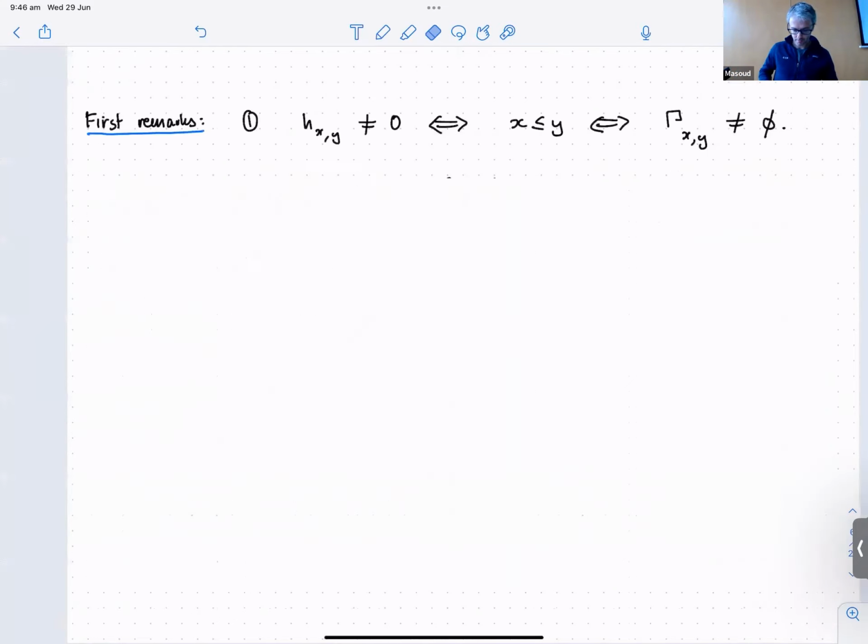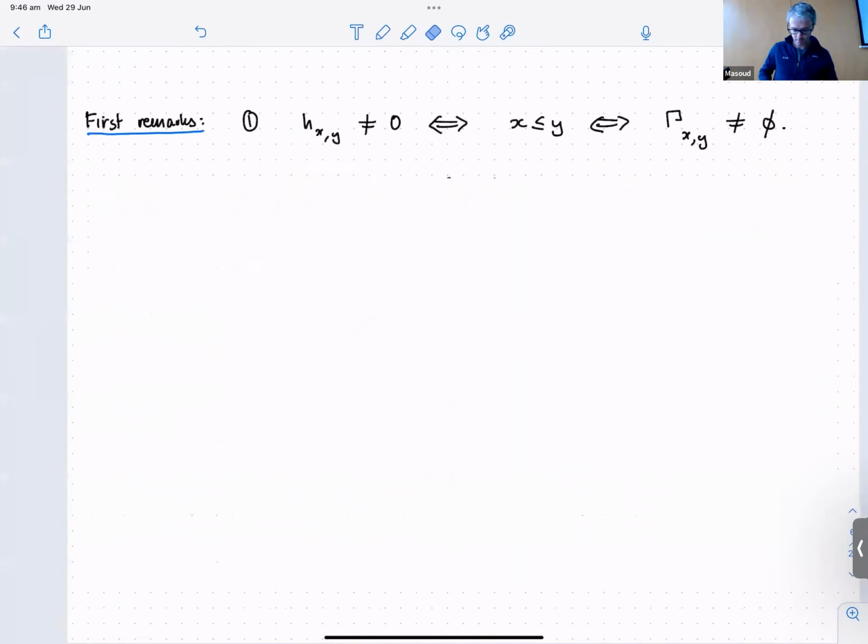So the first remark, so I'll make the easy remarks on this conjecture. The first one is that we've seen that Kazhdan-Lusztig polynomials are non-zero if and only if x is less than or equal to y, which is the case if and only if the Bruhat graph is not empty. Okay, so that's a very basic consistency check.